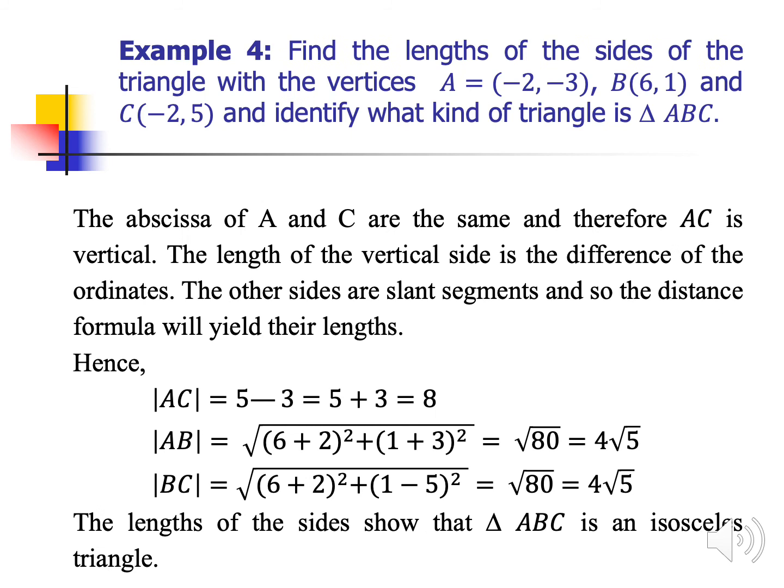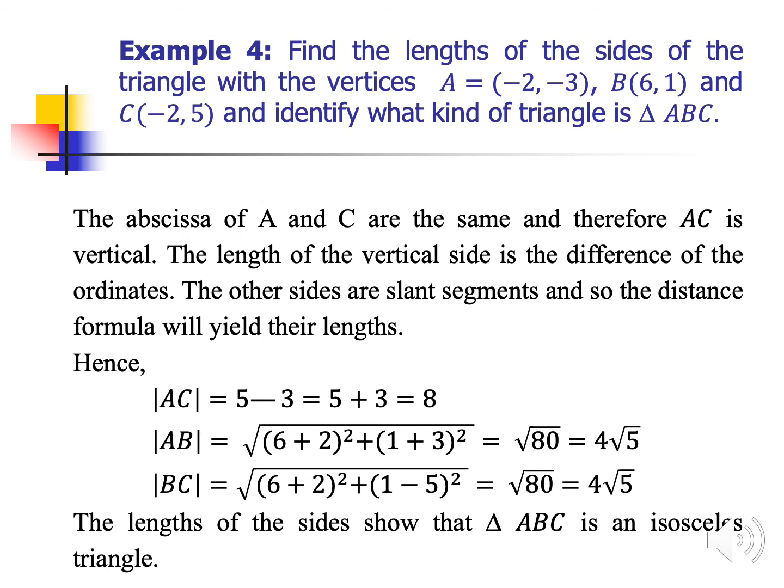We just have to subtract the y's. So 5 minus negative 3 is equal to 5 plus 3, and that is equal to 8. So why are we not using the distance formula for AC? Take note that they have the same x-coordinates.